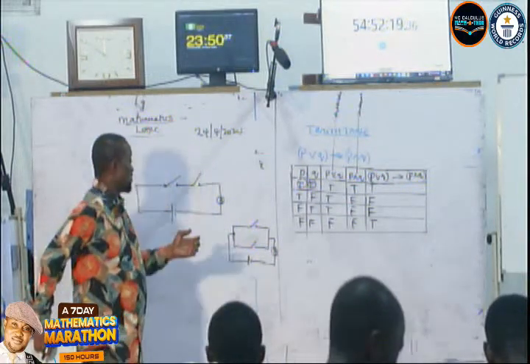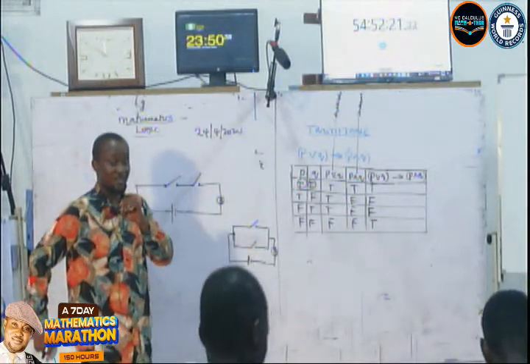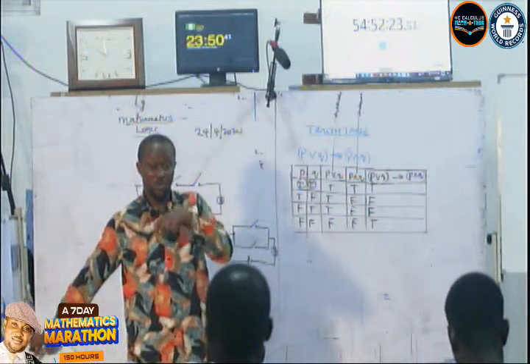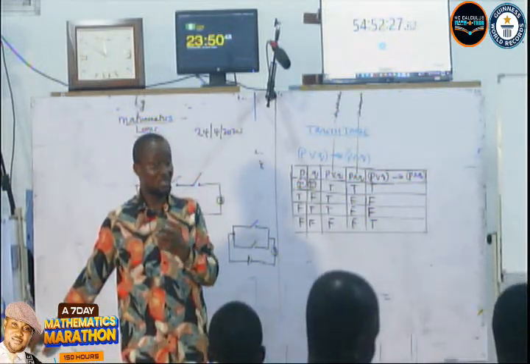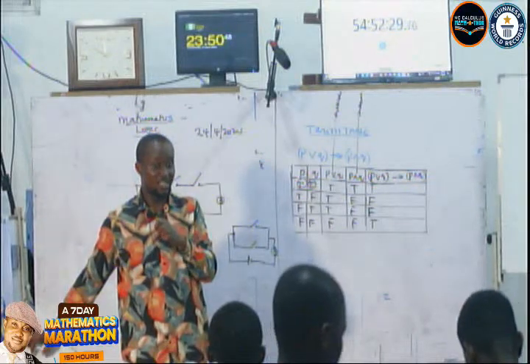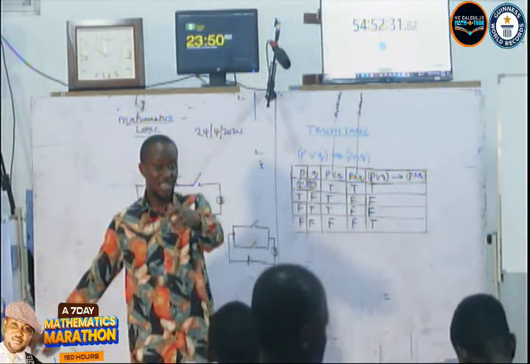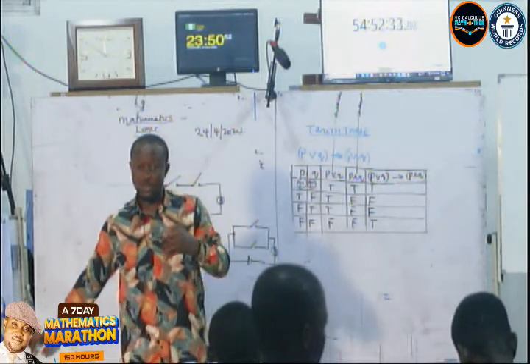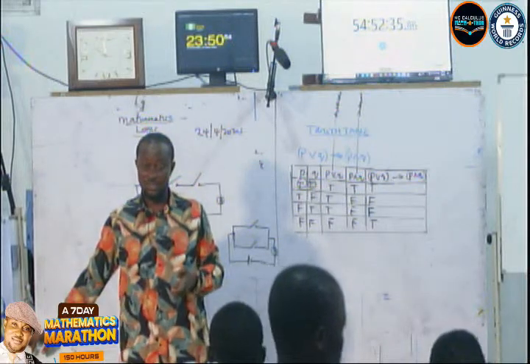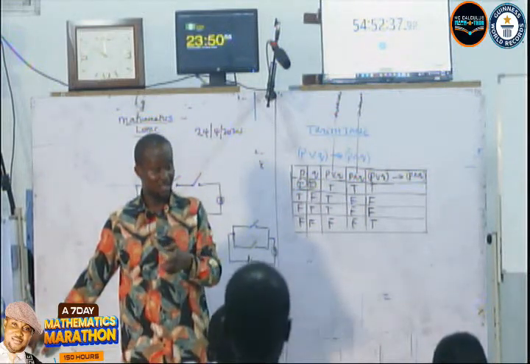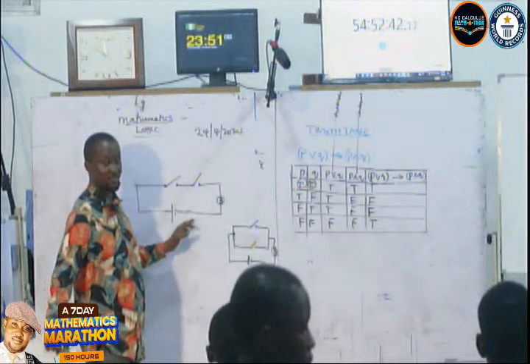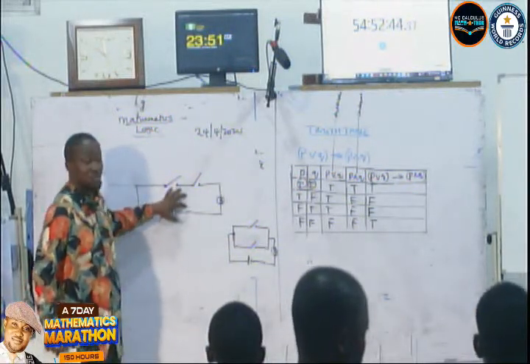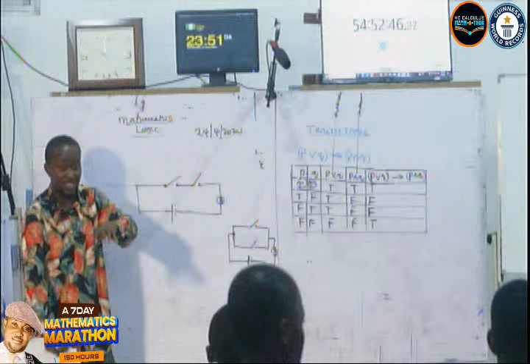The job of those switching circuits is to allow current to flow when we want it. Are you getting me? We don't want current to flow every time. The circuit is designed in such a way that we don't want electricity to flow until we control it, like a resistor. We vary the output signal. So now the story of logic will help us control when we want light and when we don't.